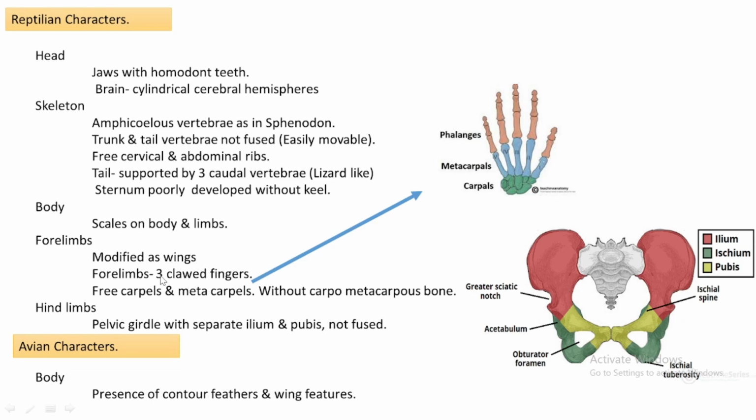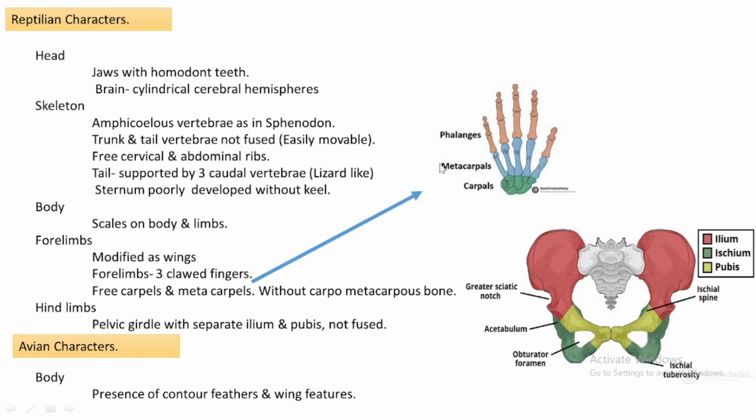Okay. There are 3 clawed fingers present. And carpals and metacarpals, this is carpal and this is metacarpal. They are free, not much fused with the carpo-metacarpus bone. That is another feature, and that feature is also a character of reptiles.